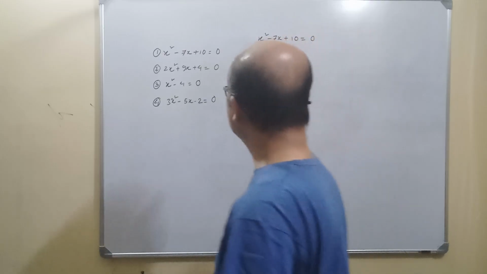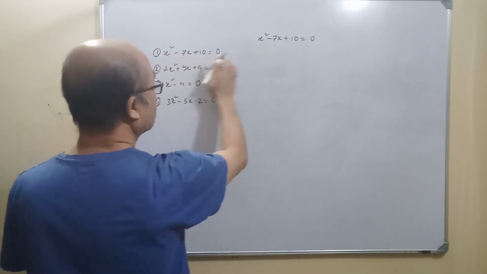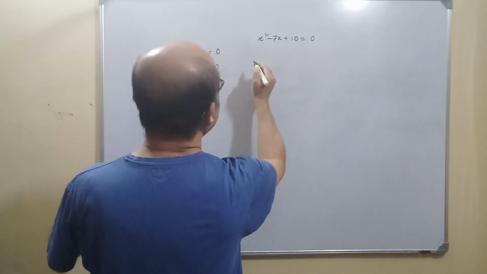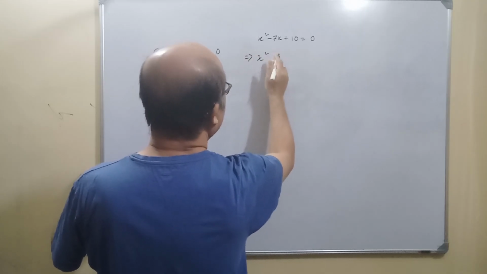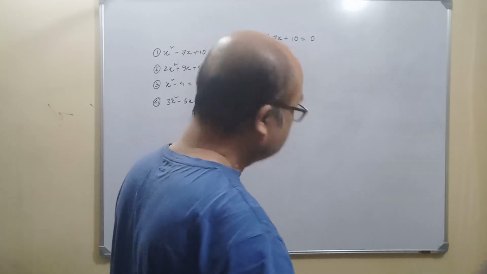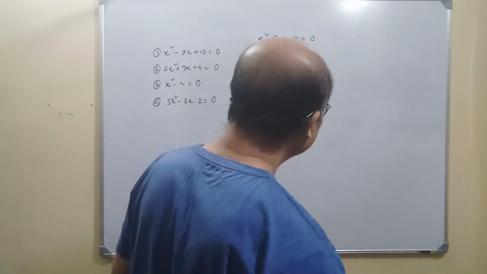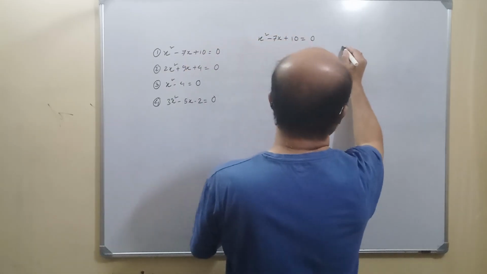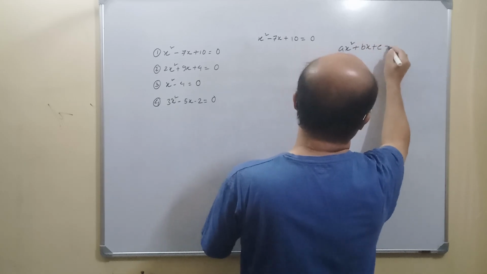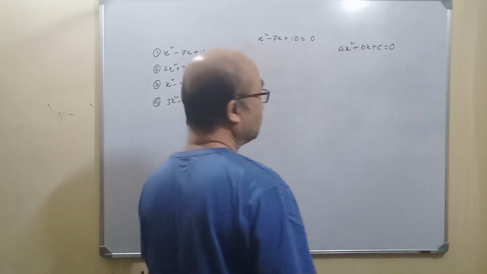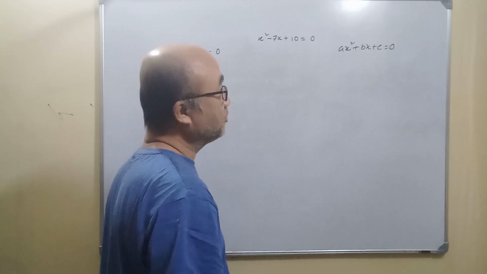The first equation, x square minus 7x plus 10, is written here. So let us solve it. So this is a quadratic equation in the standard format or form of a quadratic equation in one variable.